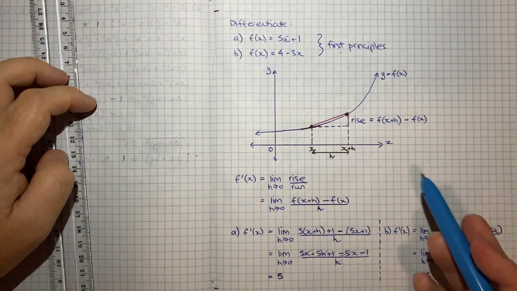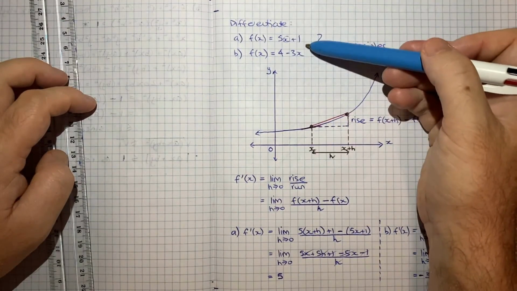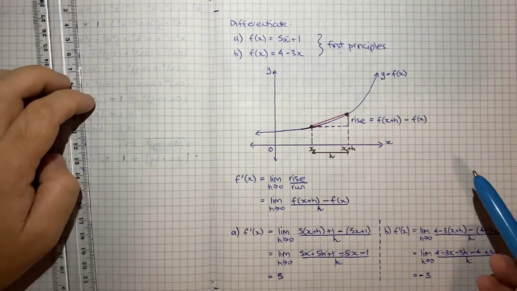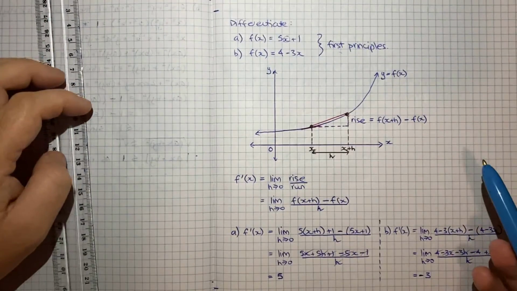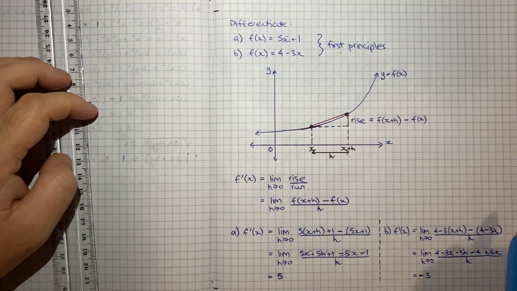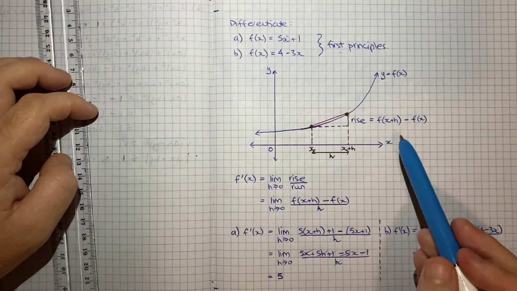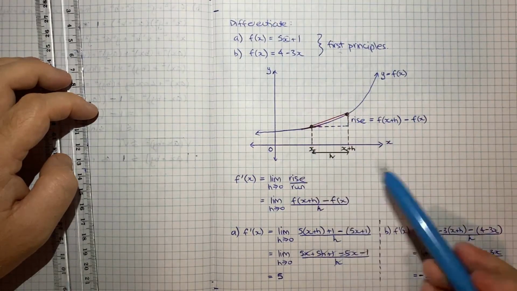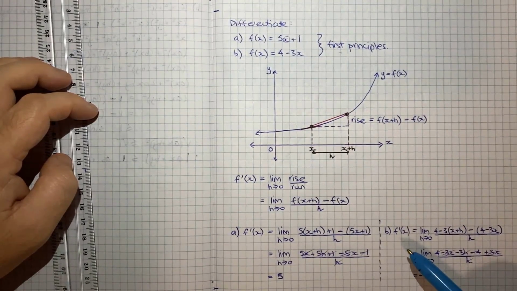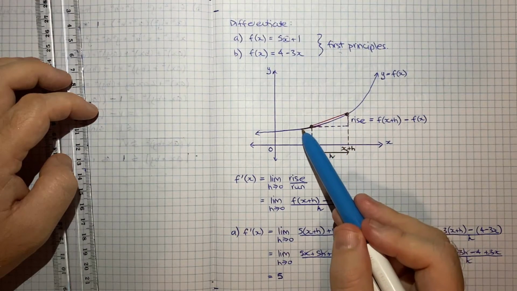But really the key to this question wasn't about getting the answer, because this isn't difficult in terms of calculus once you know the rules. What this is really trying to get us to grapple with is understanding the basic foundational concepts. And I think a chart like this is often the way you'll see it introduced. The key idea is to know we're ultimately just finding the gradient of a tangent at a certain point.